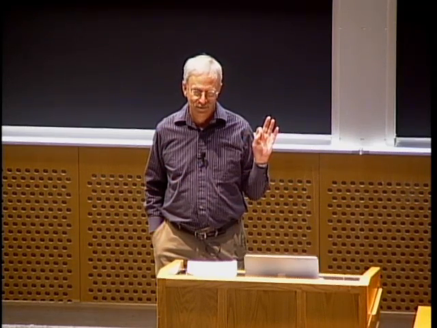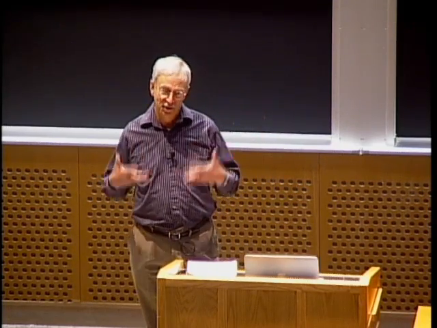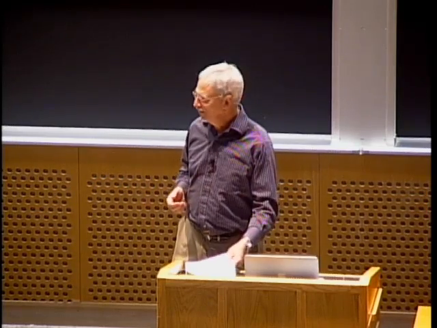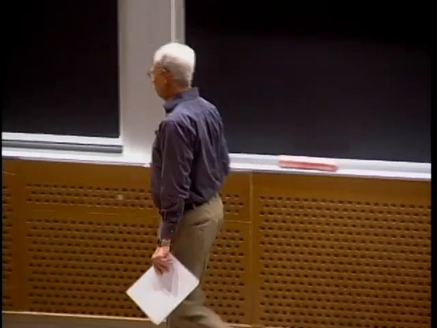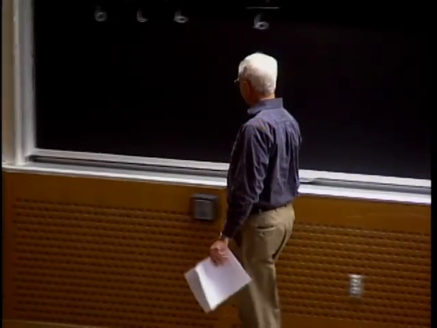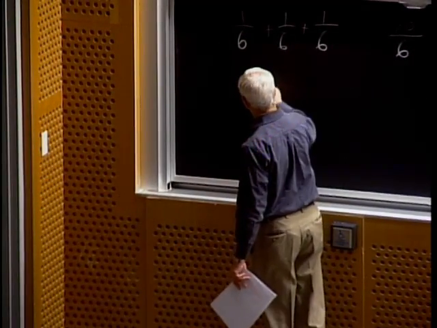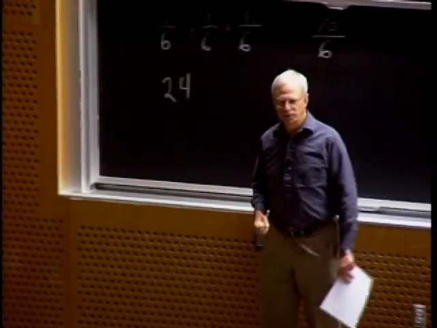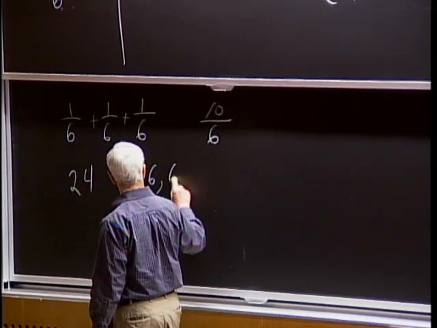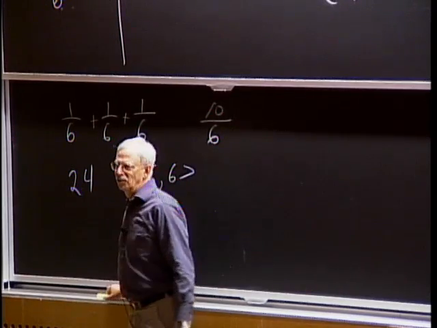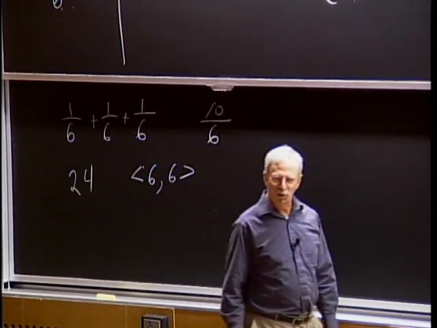He actually had a friend who was in the business of gambling, making these bets. So you've got a pair of dice. You roll it 24 times and ask the question, what is the probability of getting what we call today boxcars? And in those days, they just called 2 6s.